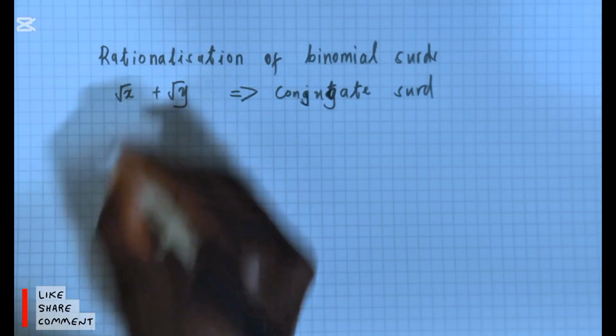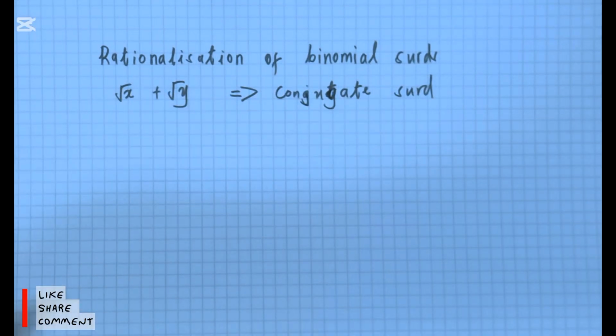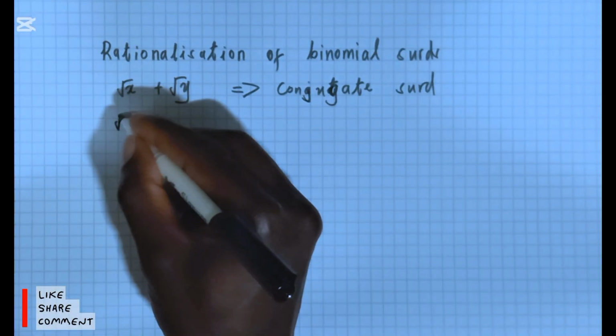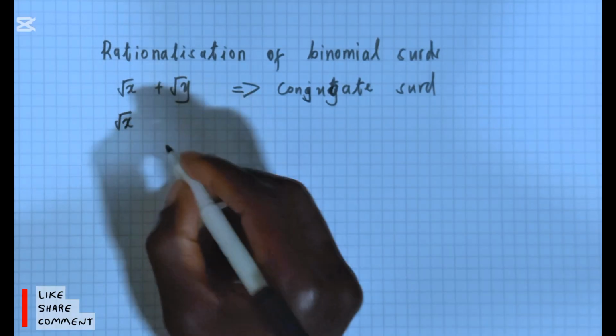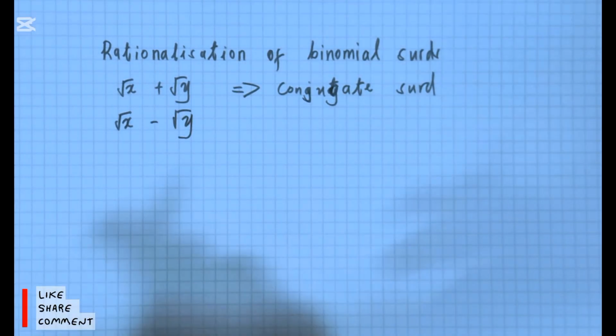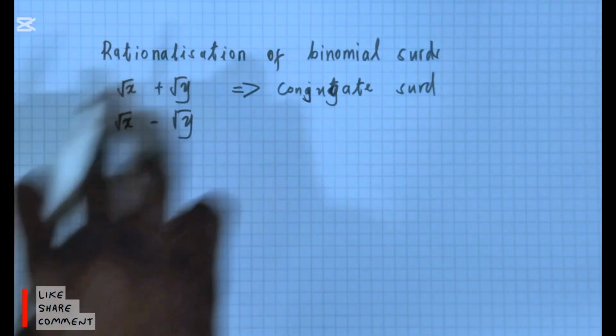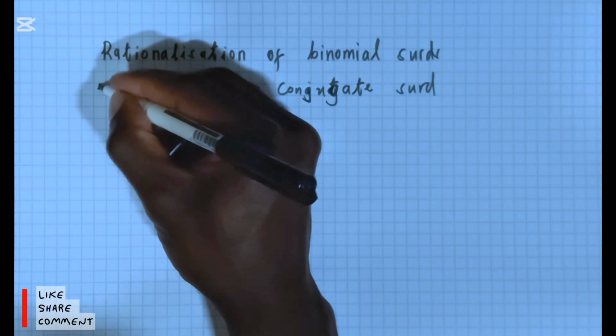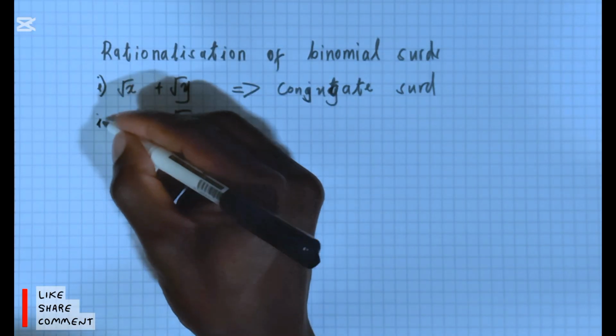So the conjugate of the surd of x plus the surd of y will be the surd of x, now instead of having plus, we'll have minus the surd of y. So that is what the conjugate of our surd here in Roman 1 would look like.